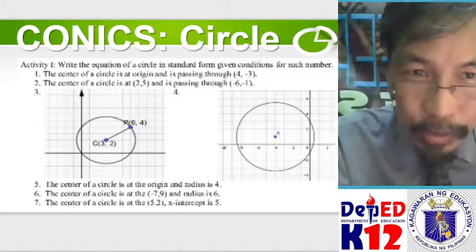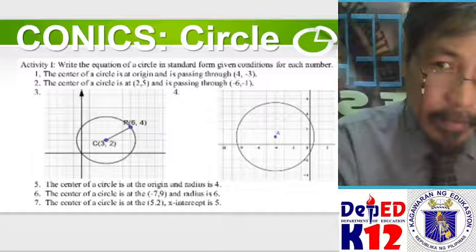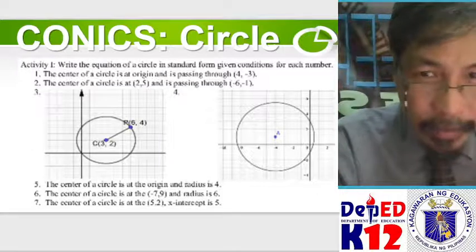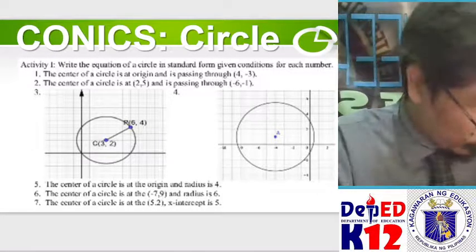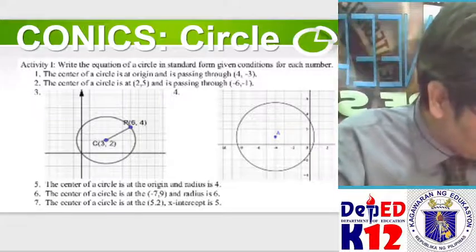That is the definition of point P: any point that is on the circle.